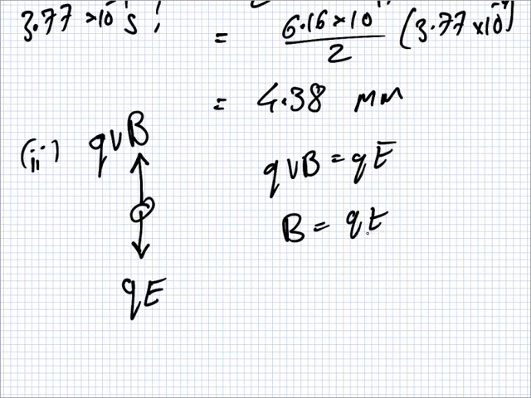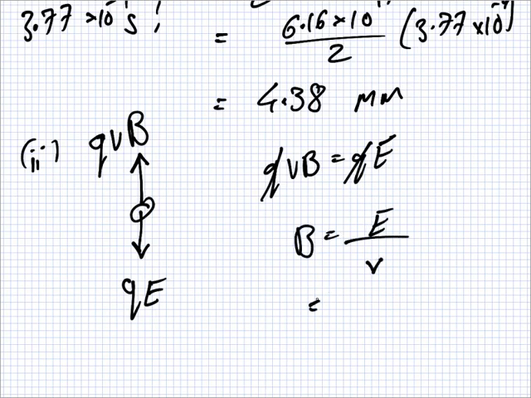So what the heck happened? Slow down, Stephen. The Q's cancel. So the B is the E over the velocity. Now, the E is 3500 and the velocity is... Where was my velocity gone? I had it earlier.